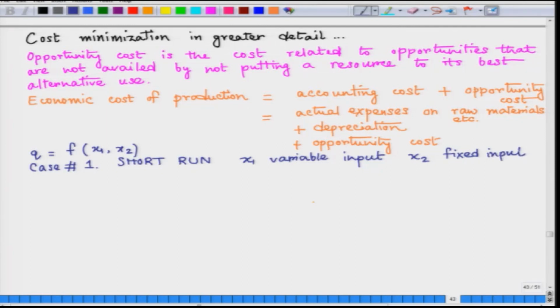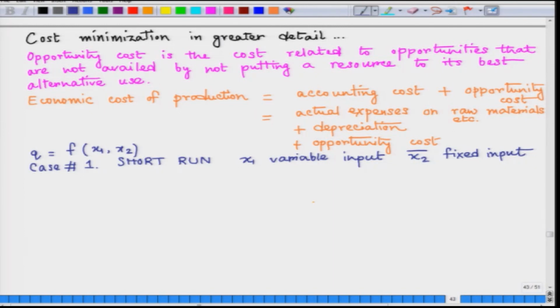Example of that would be like land and some machineries, heavy machineries, capital items basically. So, I can now put a bar on this x2 to denote that it is a fixed input in Shortrun.